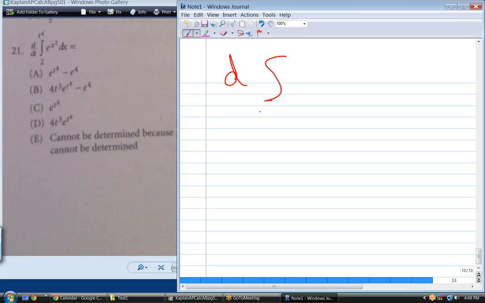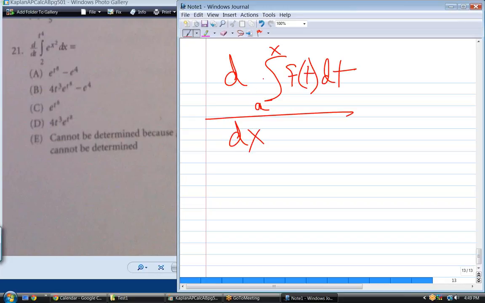If you take the derivative of an integral with respect to x, in other words, if the integral's limits of integration go from a constant, and it doesn't matter what this constant is, to x, and you take the derivative of that function, you get f of x.